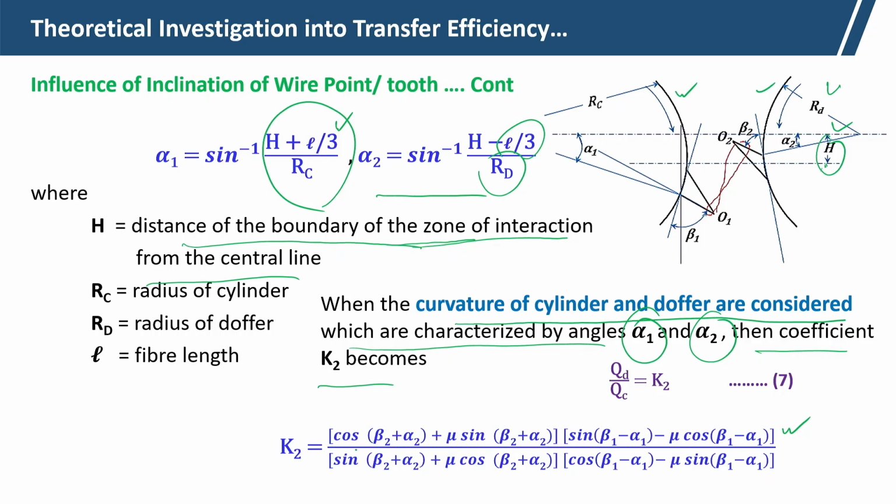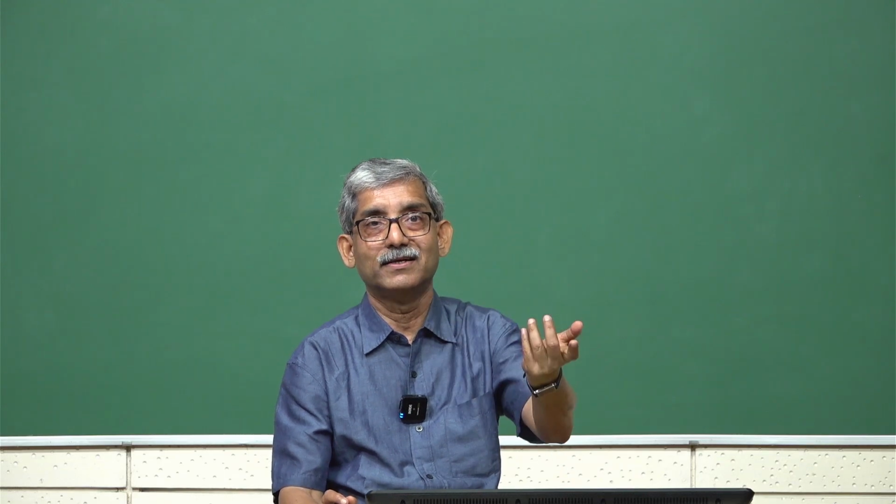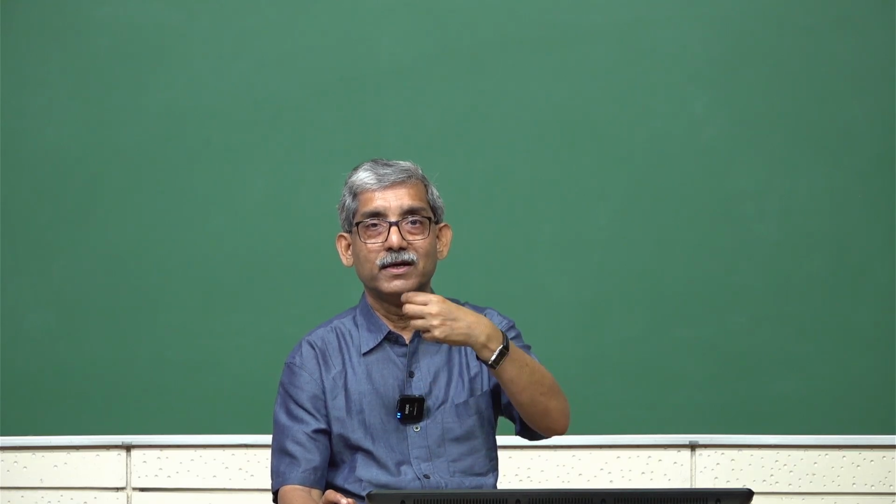So, earlier it was cos beta plus mu sin beta, but here it will be cos beta 2 and mu sin beta 2. For the doffer, alpha 2 will be added, and for the cylinder, alpha 1 will be subtracted.